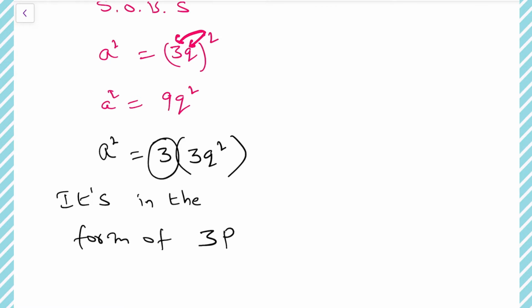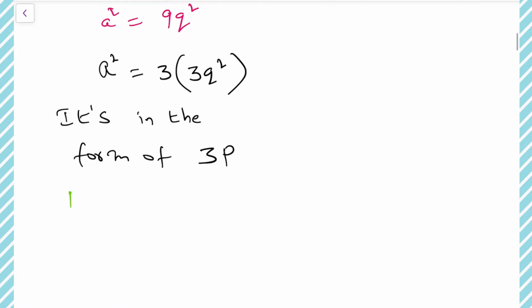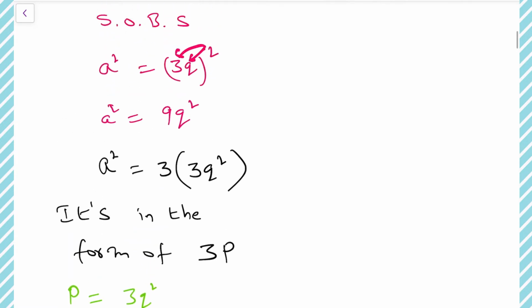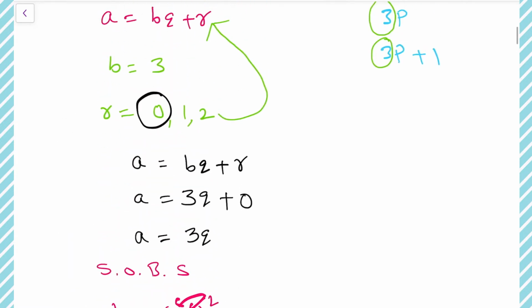So this 3 as it is, and this total whatever is there in the bracket I am considering as some p. So this is in the form of 3p, where p equals 3q square. Okay, now 0 remainder is completed. So let us take one more remainder, that is 1.